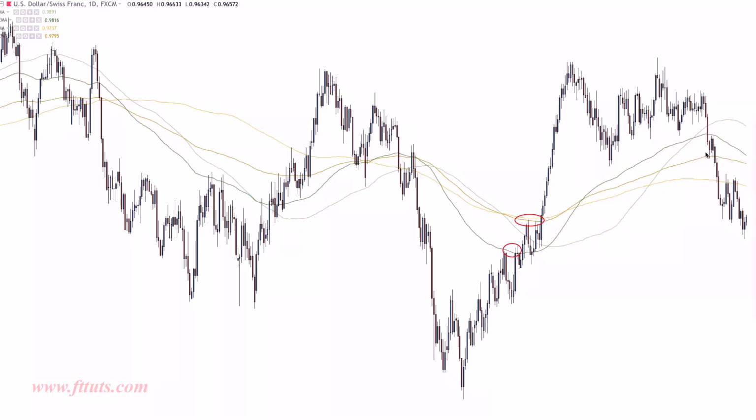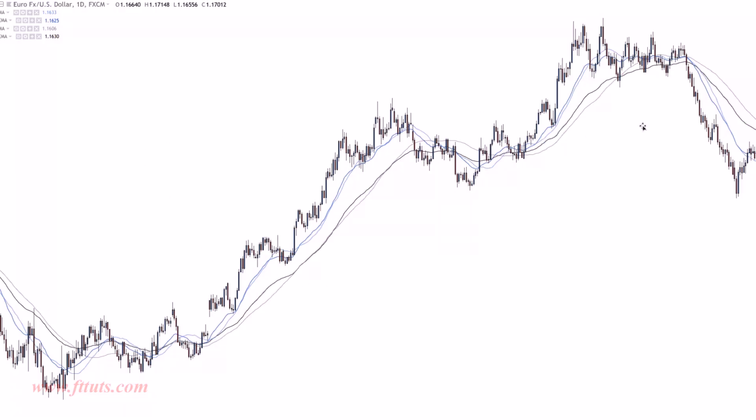Didn't get any reaction, we did get a little bit of a reaction here, and then price crosses, right? So you can see when price crosses, we're looking for a first or second touch of a moving average. And the same thing applies to the 21 and the 50 period moving average.